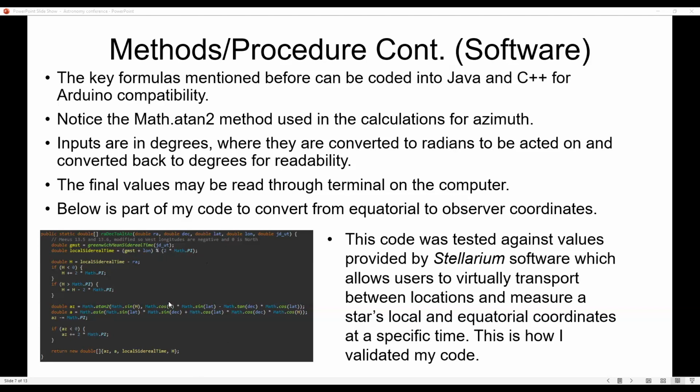So I look for a star, get the right ascension and declination, put those into degrees, and then use my function to calculate the altitude and azimuth and see if that's the same as Stellarium. And that's how I verified my math.